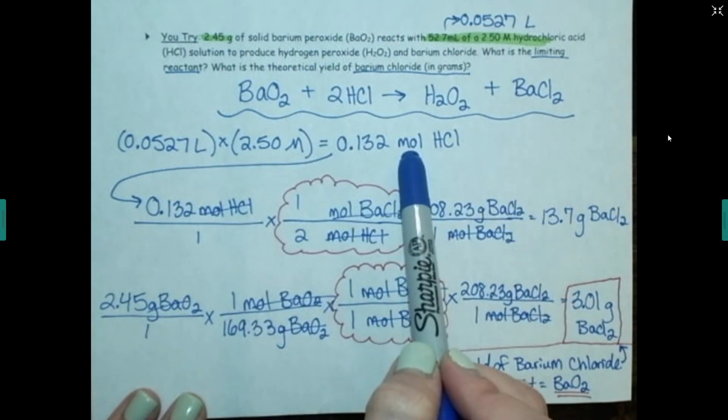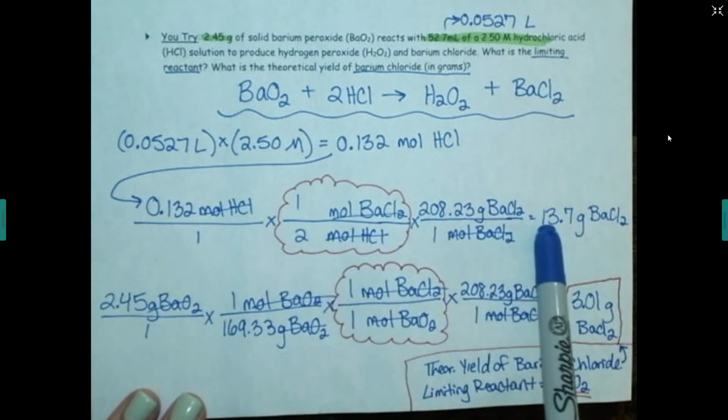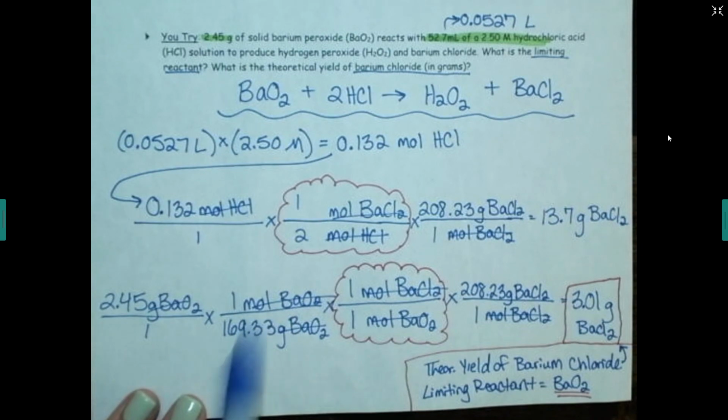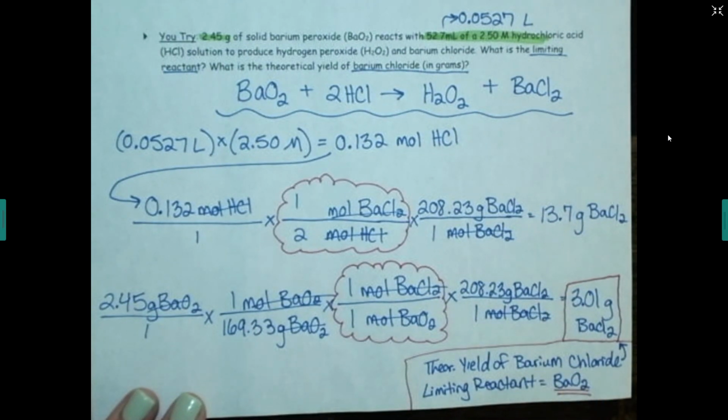Took this information to find your moles of HCl and converted it to grams of barium chloride. And then I took my grams of barium peroxide and converted it to grams of barium chloride. And because this one was smaller, that one was my theoretical yield, which made the barium peroxide my limiting reactant. Okay? All right, go ahead and work on the assignment.